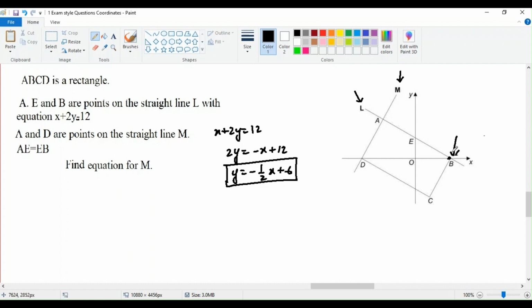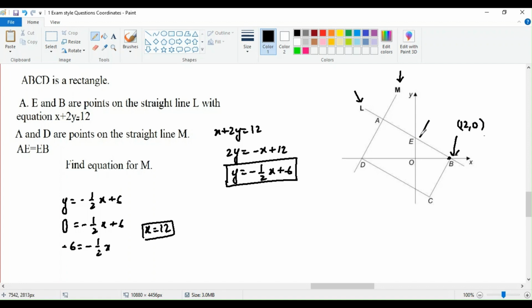Over here y is 0. So in place of y in y equals negative 1 over 2 x plus 6, I substitute 0. That means negative 6 equals negative 1 over 2 x. Negatives cancel, so x equals 12. So this point has x as 12 and y as 0.